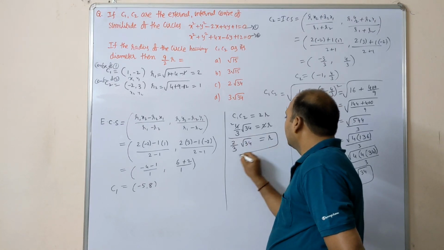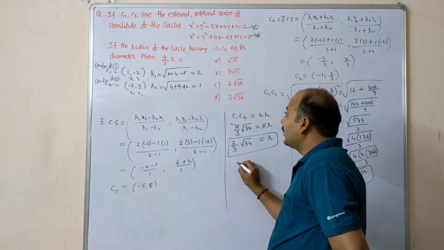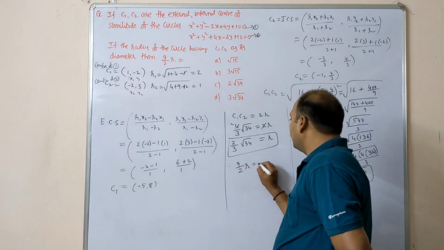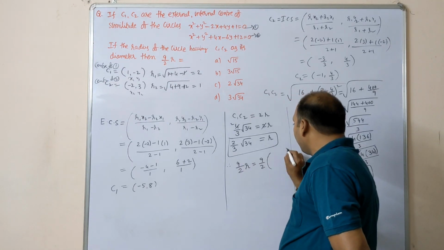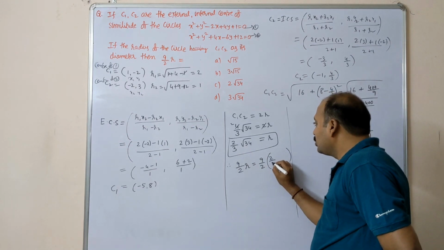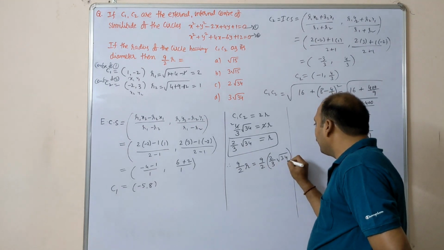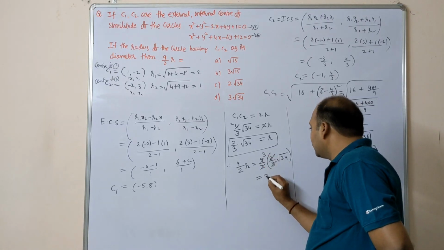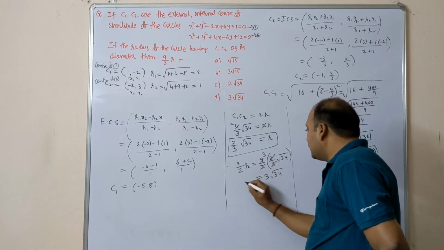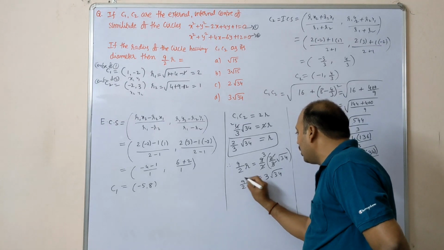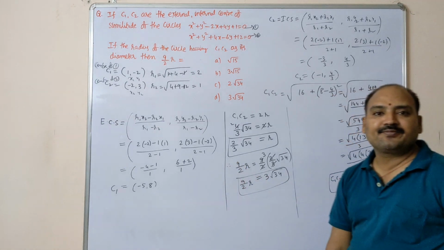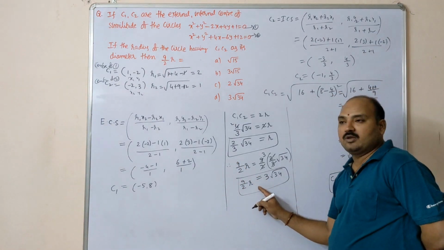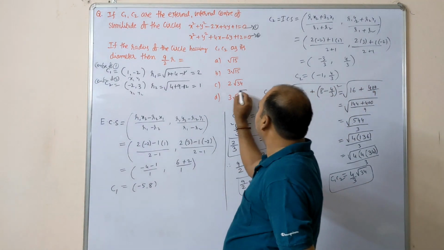Therefore they are asking 9 by 2 R, which is 9 by 2 into the R value, 2 by 3 root 34. So 2 gets cancelled, 3 ones are 3, 3 threes are 9. So 3 root 34 is the value of 9 by 2 R, dear students. 3 root 34 is there in the fourth option.